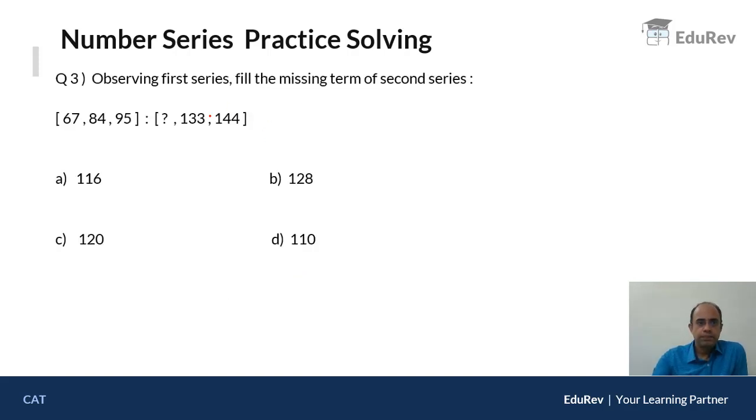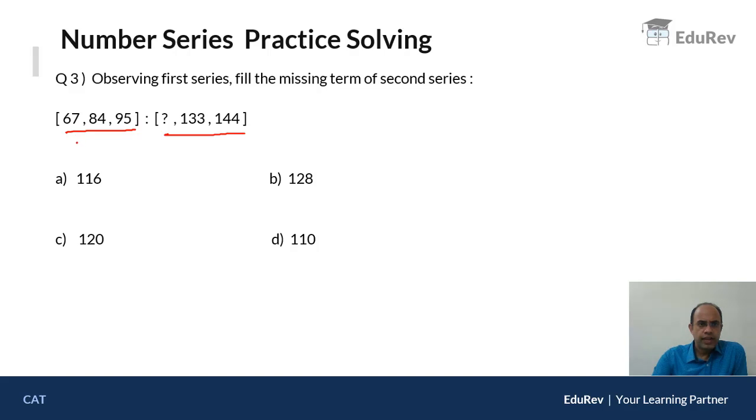Now, third type, wherein a series is given to you, and based on the same pattern, a different incomplete series is given to you. You need to follow the same pattern and answer the missing number. Now here, since there are only three terms, the most common approach is to find the common difference. Fine.